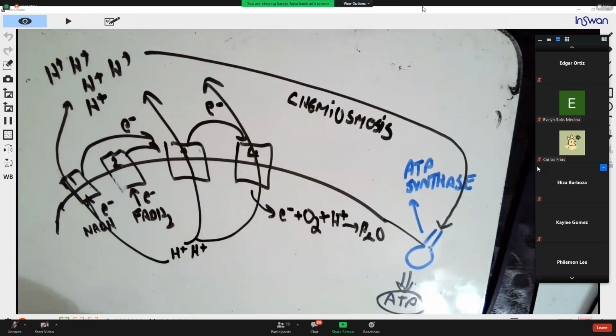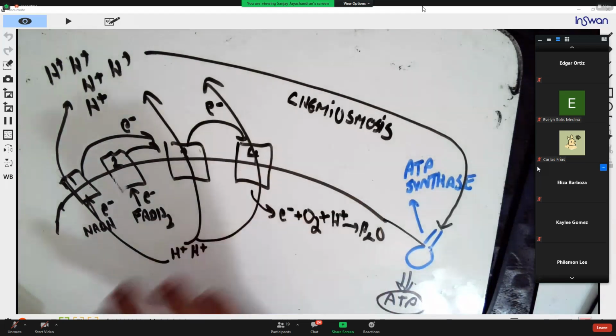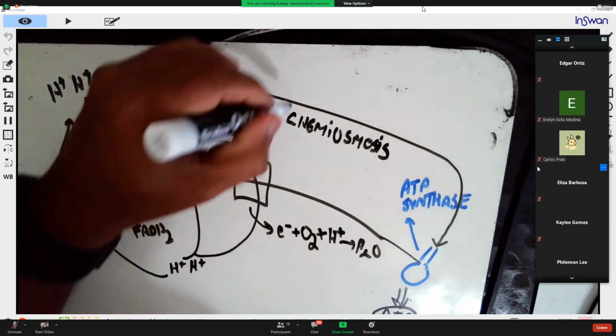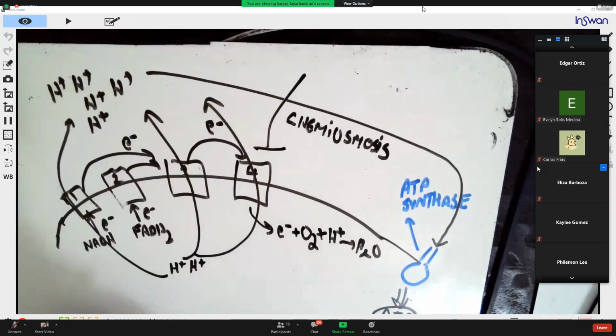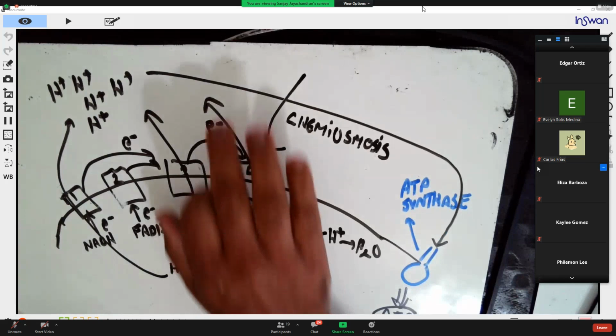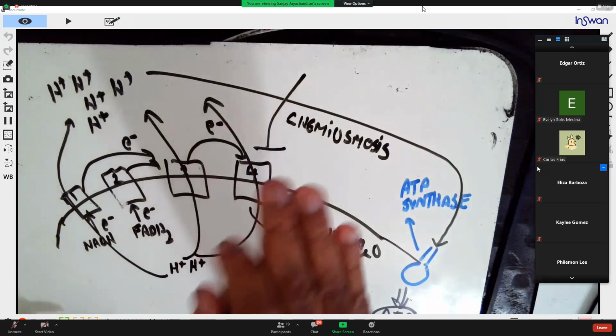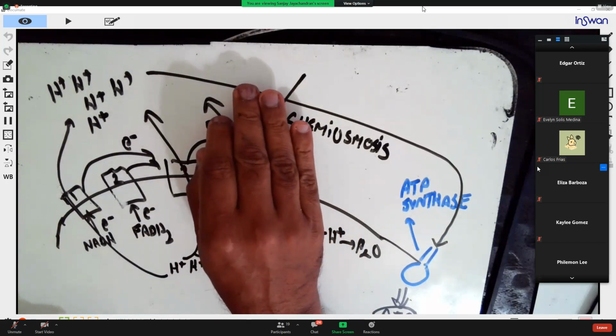Okay. So here's my question. Let's say I give you a compound, a chemical, that blocks complex 4. It takes it completely out. Complex 4 is an enzyme called cytochrome C oxidase. It's one of the electron carriers. So I give you a chemical that just takes this out.